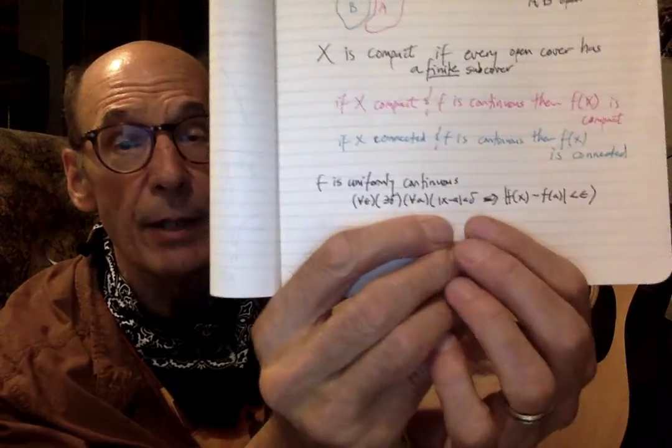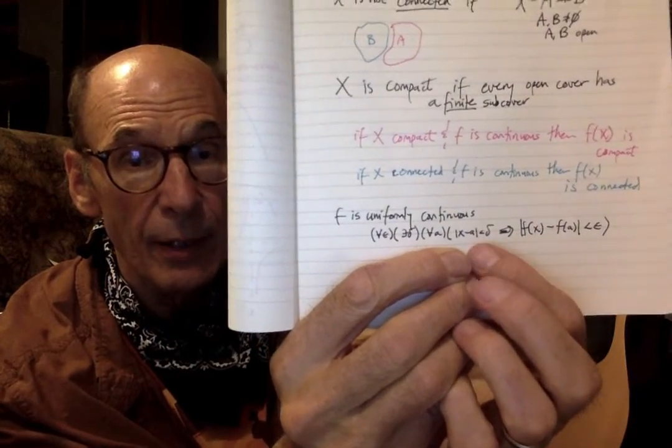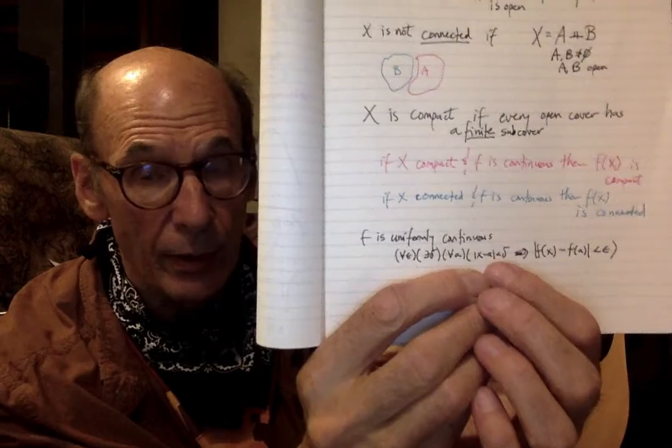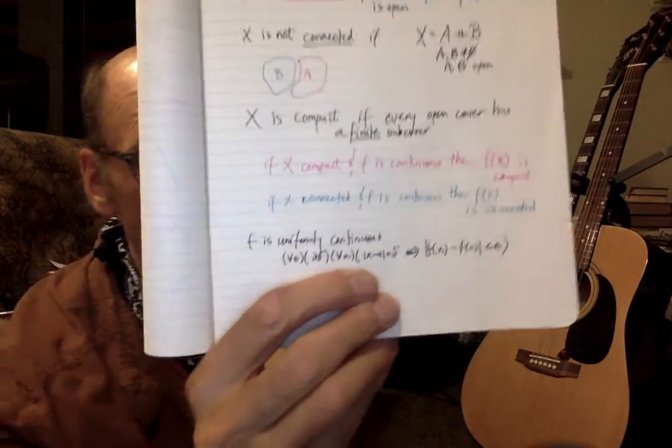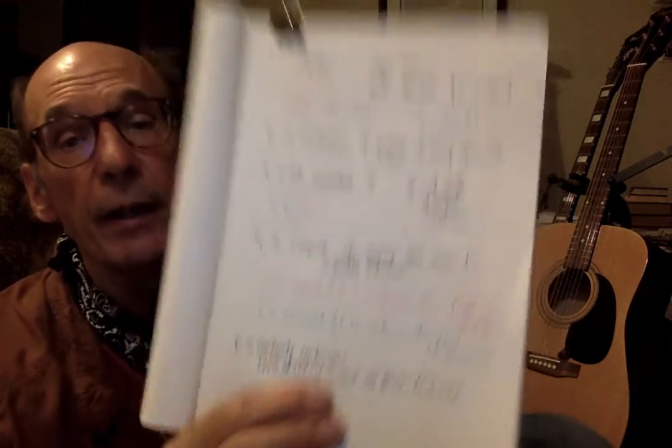Where you're using the metric is you're going to use the same delta for every point. In ordinary continuity, you could use a different delta at every point, but here we have to keep using the same one over and over again. It gets tired, I know, but that's okay.